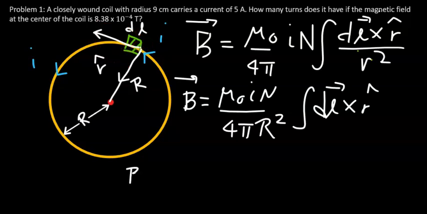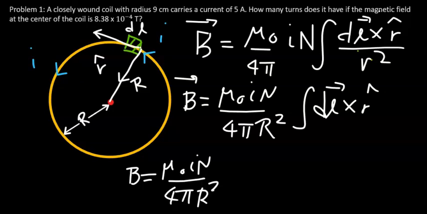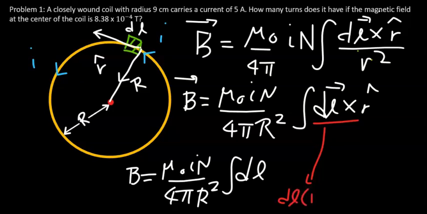So when we are concerned with the magnitude of the magnetic field, the above integral will simply become the following, dl. The reason is because the magnitude of that integrand is quite simply dl times the magnitude of the unit vector, which is 1, times sine of the angle between the two vectors, which is 90.